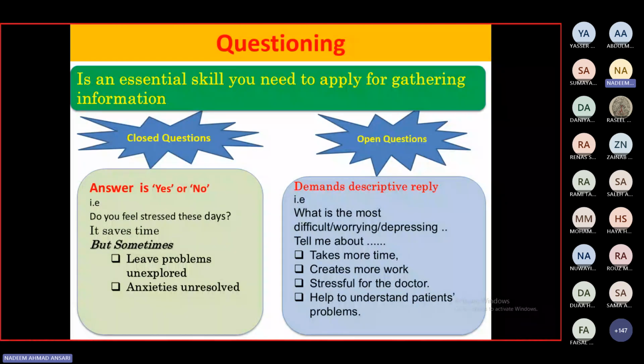As the name suggests, open means that you are giving free time or free space to the patients or the simulators to open up about their problems. So it demands a descriptive reply. For example, what is the most difficult, worrying, depressing? Tell me. You will just ask the patient to explain everything about his problem, about his complaint.